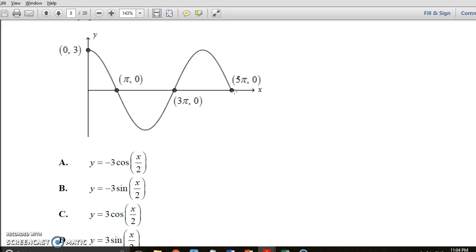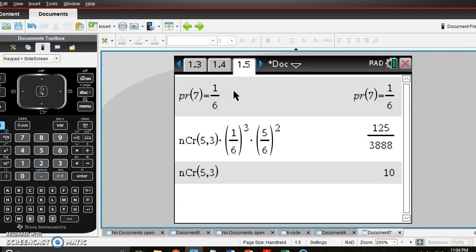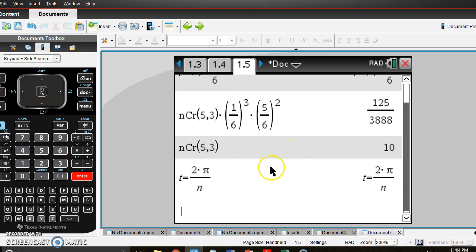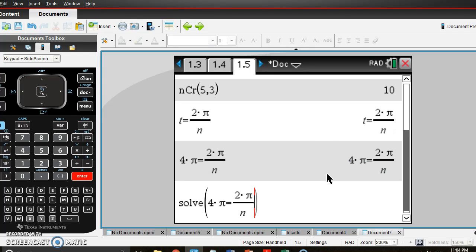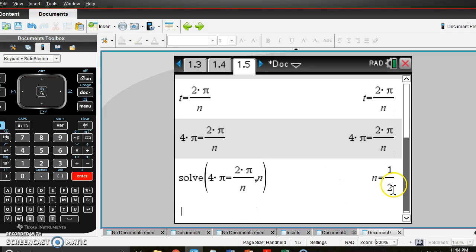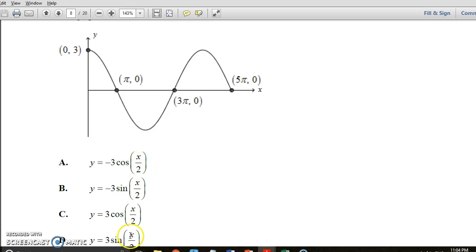Now we know the formula, T equals 2 pi on n. If we've got a cycle of 4 pi, we say 4 pi, that's our period, equals 2 pi over n. Now all we do is solve that for n. It tells us n is a half. Okay, so it's going to be one of these.